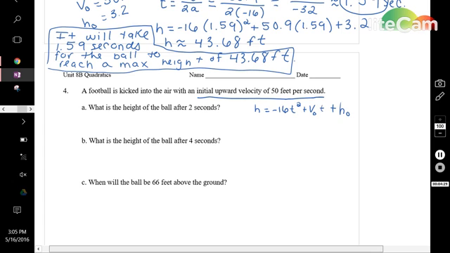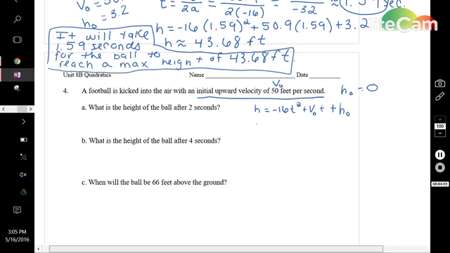The only piece of information it gave me was the velocity. So v sub 0 is the velocity, 50 feet per second. And it says a football is kicked into the air. This is making the assumption that the football is starting off on the ground. Okay, so that means h sub 0 would be 0.